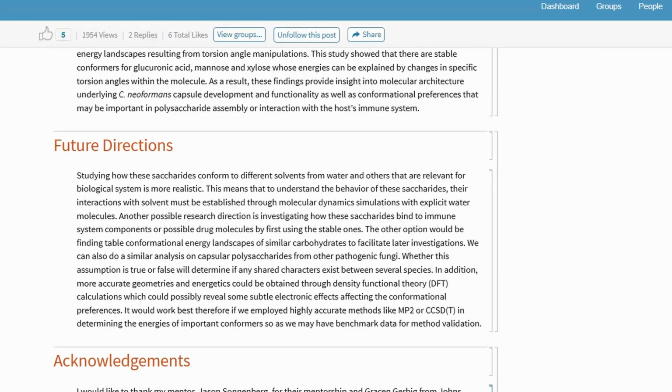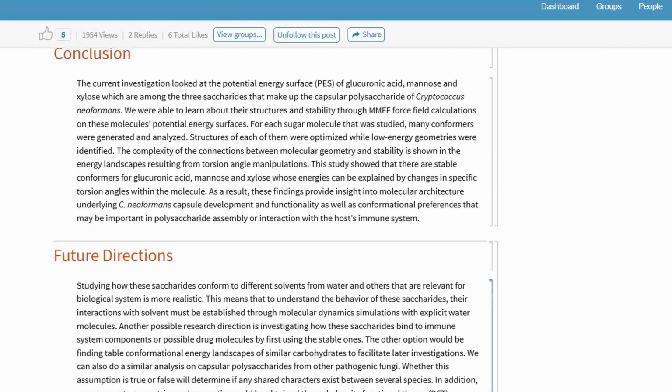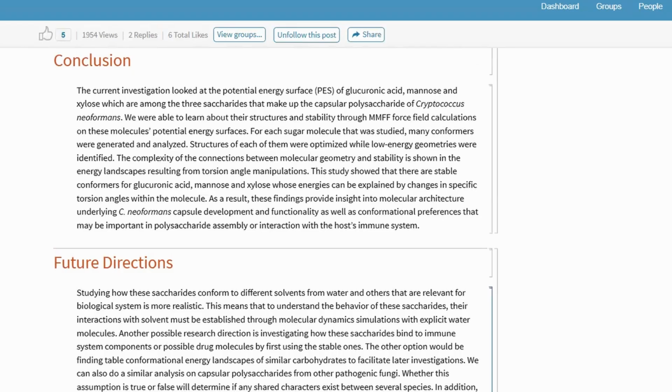That is super interesting. I know Jason and Alexander, and they're both really cool people. I had a couple of questions regarding some of the things you said for future directions. In this project, you're mainly looking at the monosaccharide components, right? You're looking at the conformations of each of the saccharides on their own, given that Cryptococcus neoformans has a lot of these saccharides chained together.